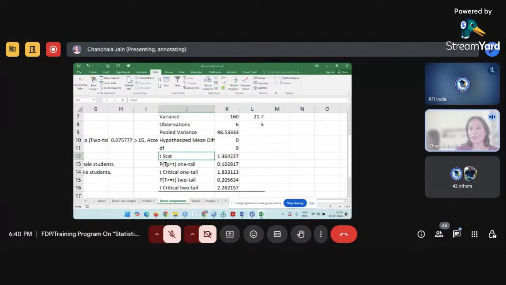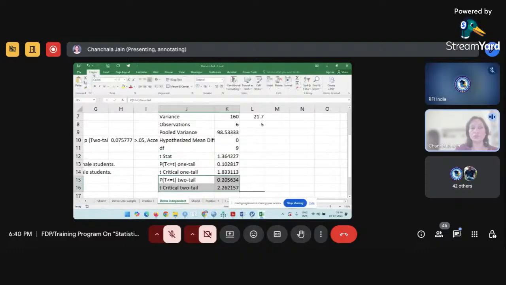In the next section, we are getting the P one-tail value, the t critical value for the one tail, the P two-tail value, and the t critical value for the two tail. We need to only focus on these two. Now, if I want to make my decision on the basis of the P value, I can compare this with 5% and say it is greater than 0.05.